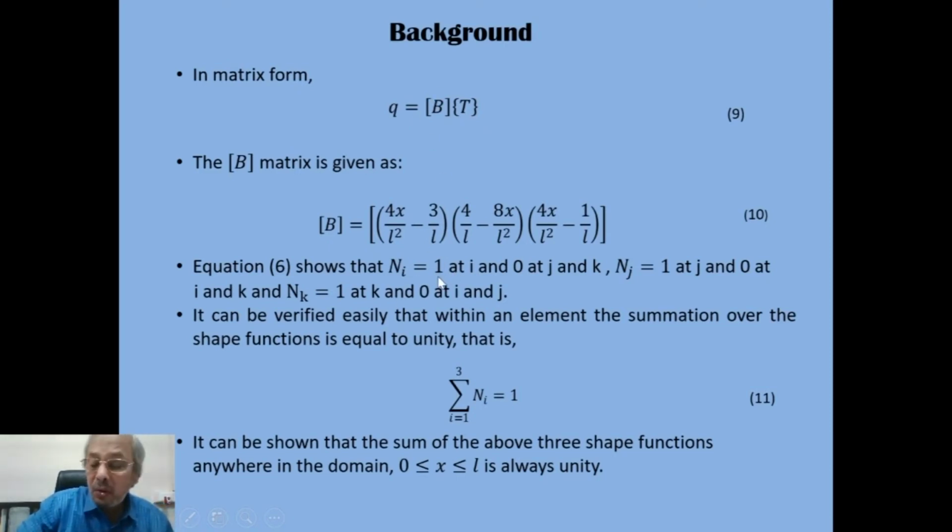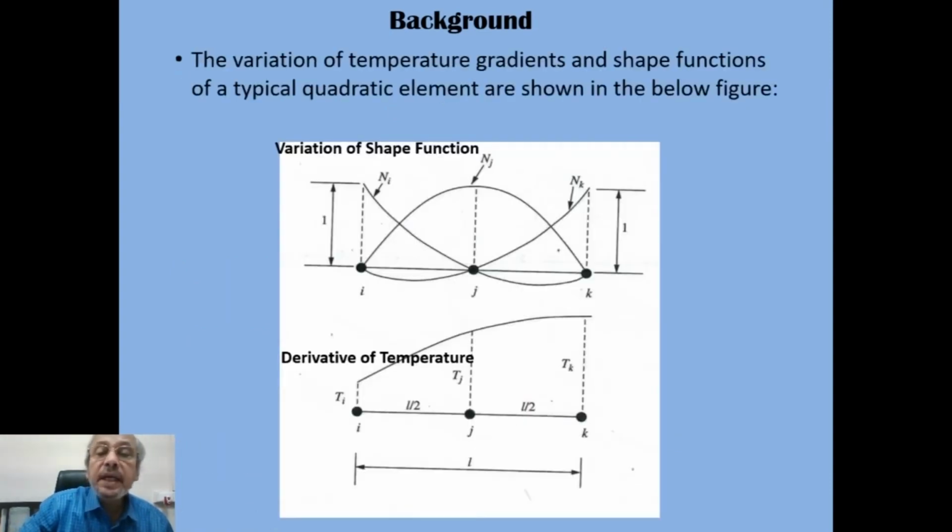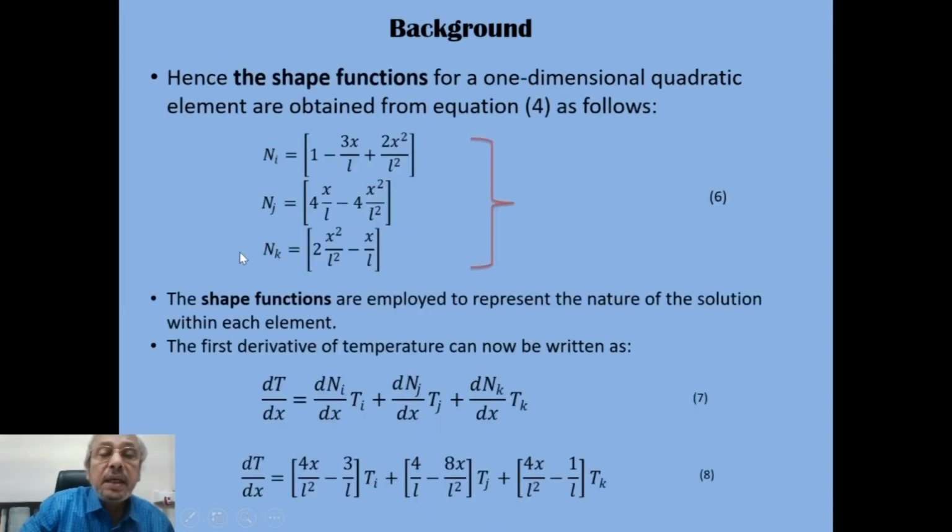Now if we plot Ni, Nj and Nk over the element, see, Ni is given by this. So at x equal to 0, it is 1. But at all other x, you will see it is 0. That means at the j point it is 0, and at the k point it is 0.